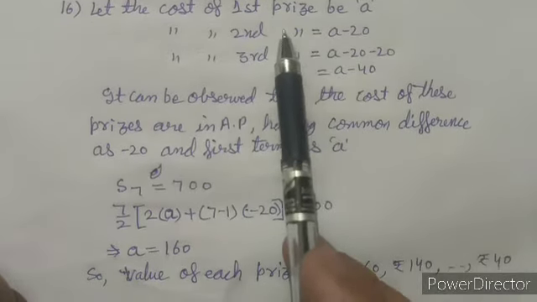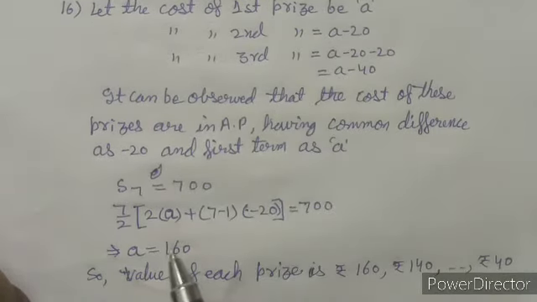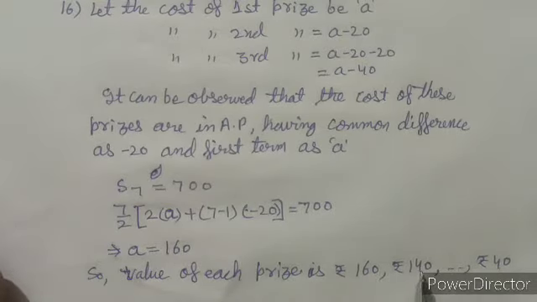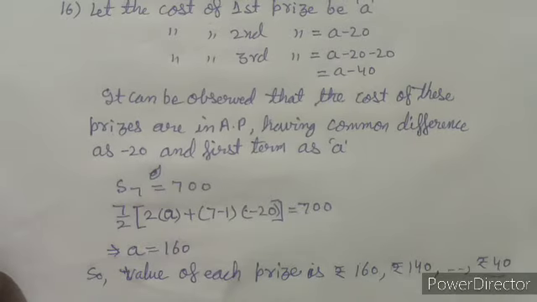So the value of the first prize A was 160. Now we will keep on decreasing 20 rupees for each prize, and that will give us the 7 prizes.